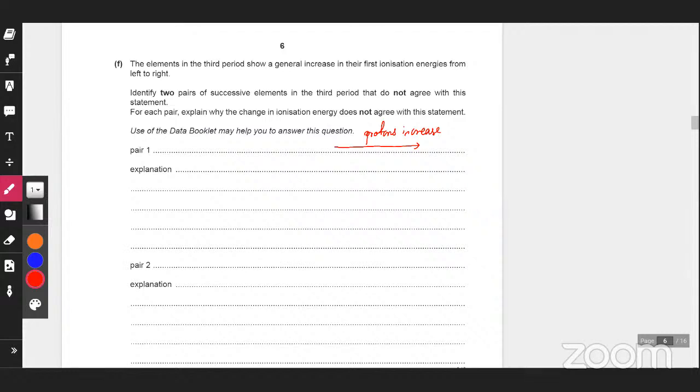That means electrons are attracted even more strongly. The number of shells remains exactly the same, so the shielding effect is exactly the same. The shielding is constant, but the distance slightly decreases.